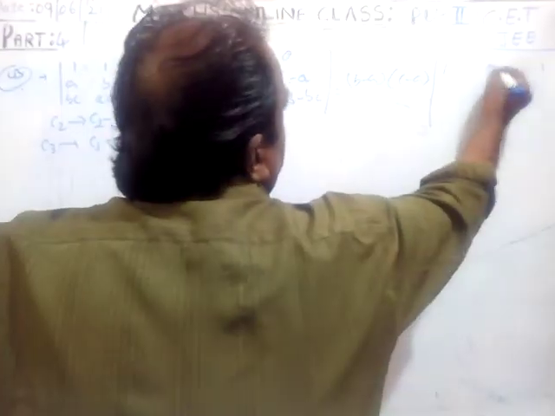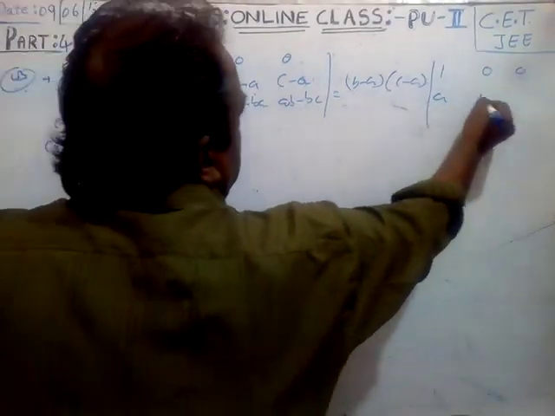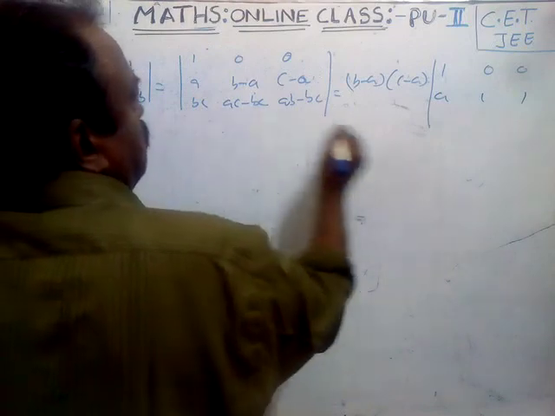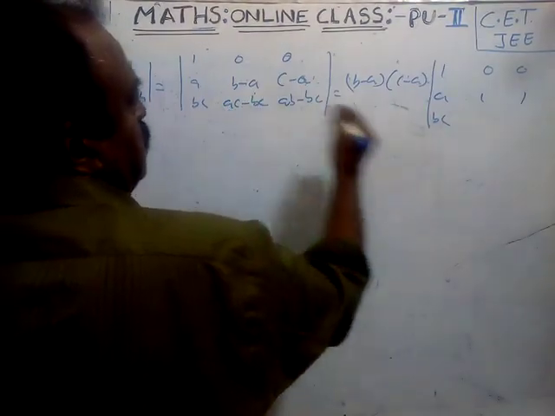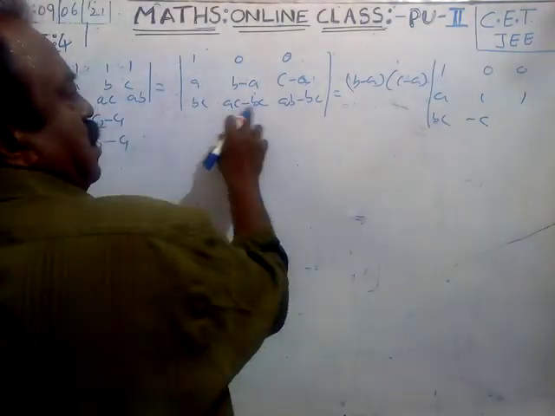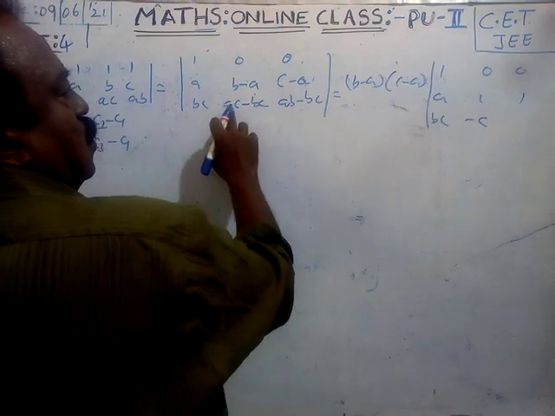So here 1, 0, 0; A, 1, 1; BC, minus C, minus B. A minus B is there, but we need B minus A taken as common, so there is a minus.